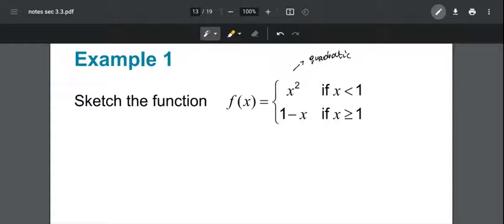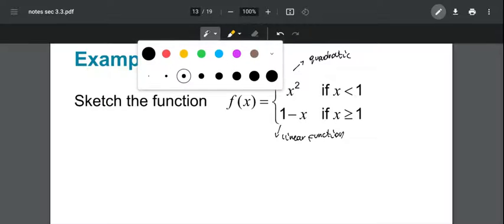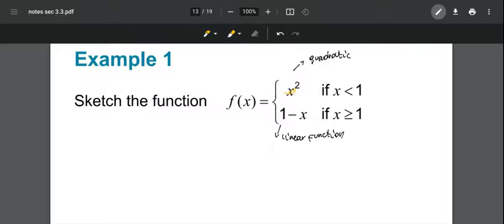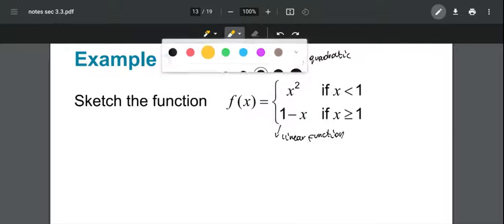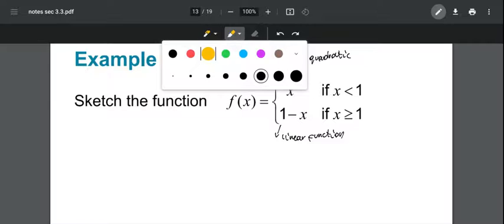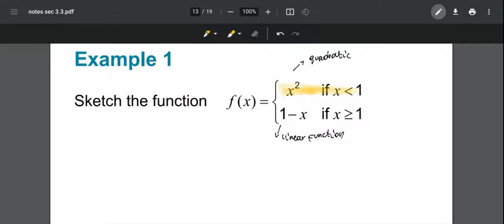And then we have a linear function. So I'm going to graph the quadratic function in yellow.